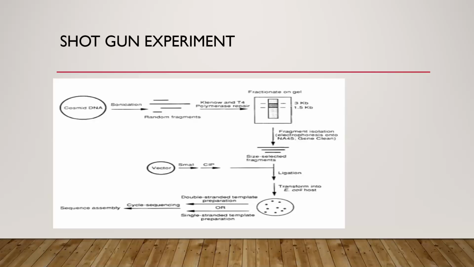When identical regions are identified, they are overlapped with one another. This is the random fragments.